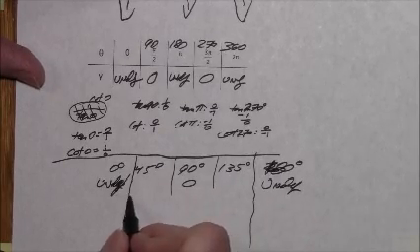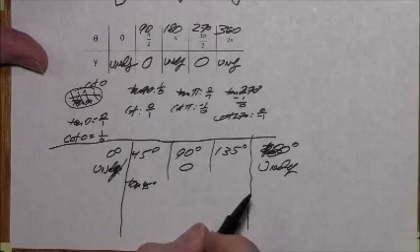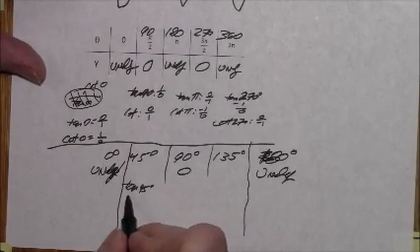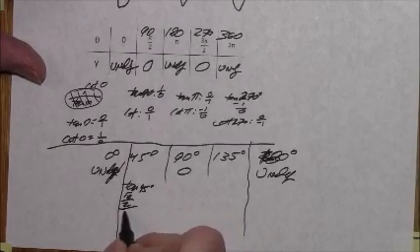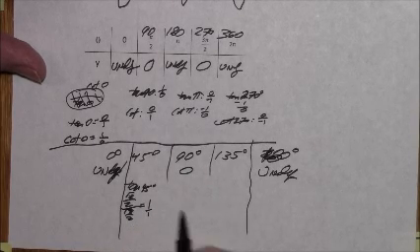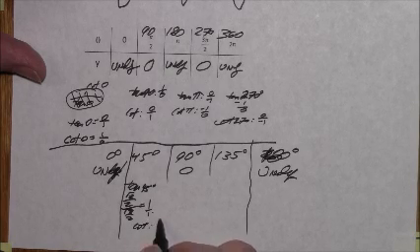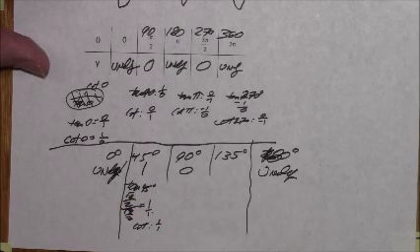Okay, so we're going to look at the tangent of 45 degrees, and the tangent of 45 degrees is square root of 2 over 2 over square root of 2 over 2, which is just 1, or 1 over 1. Well, the cotangent is the reciprocal of that. Cotangent is therefore going to be 1 over 1, so it's going to be 1.